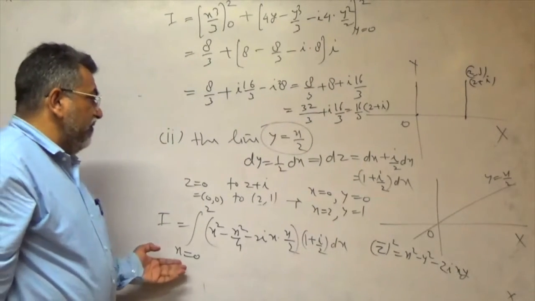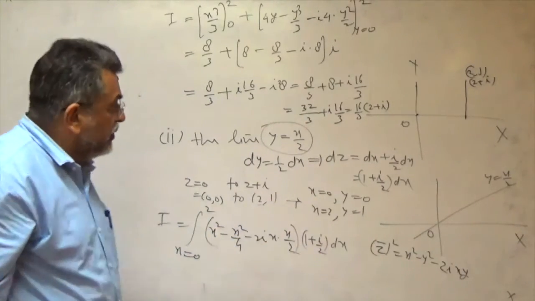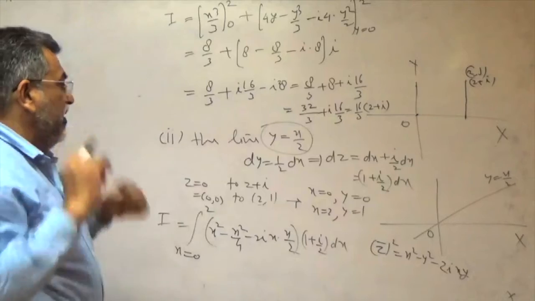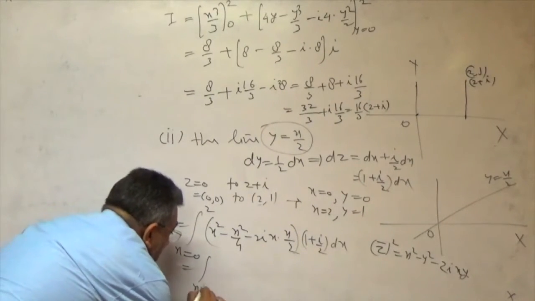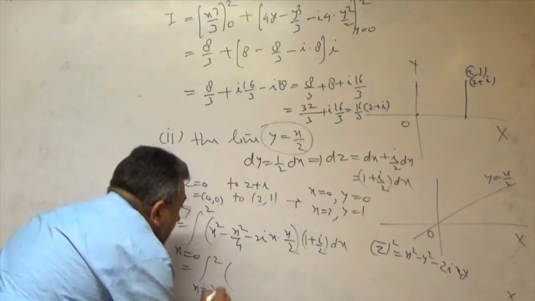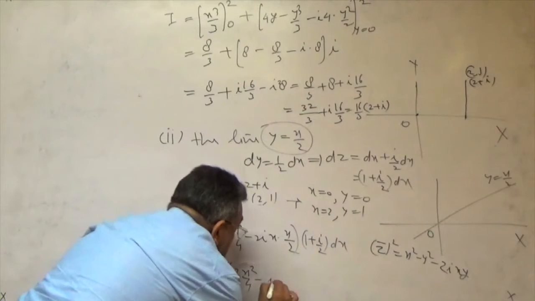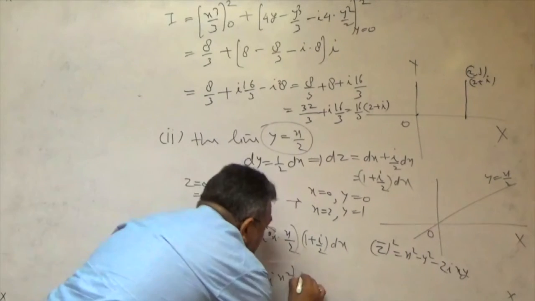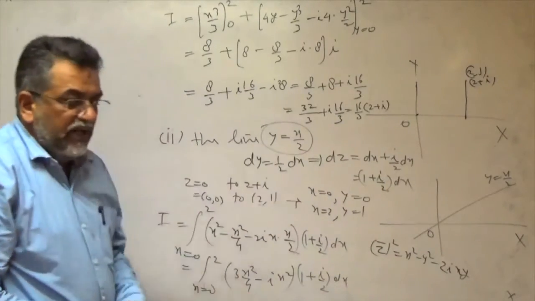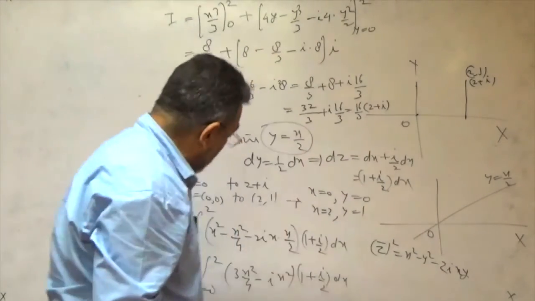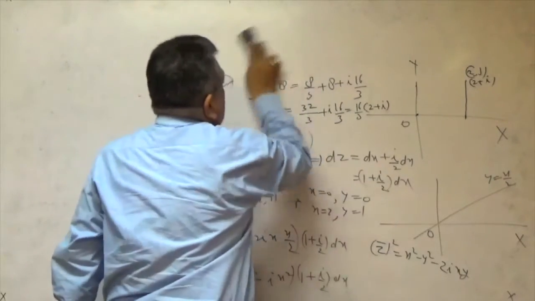Then here we are transferring the entire integral with respect to x, so we take the limit of x from 0 to 2. This is 3x square by 4 minus i x square, times 1 plus i by 2 dx. Now this is simply a definite integral with respect to x between limits 0 to 2.